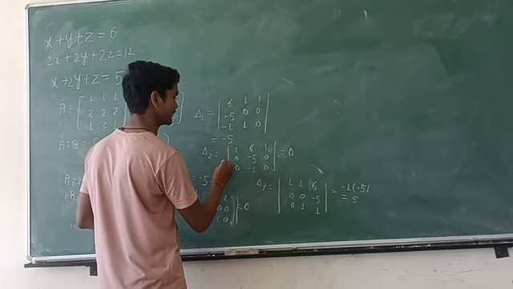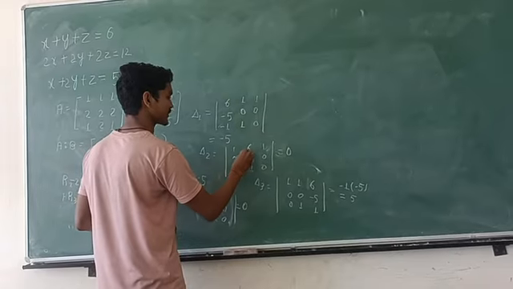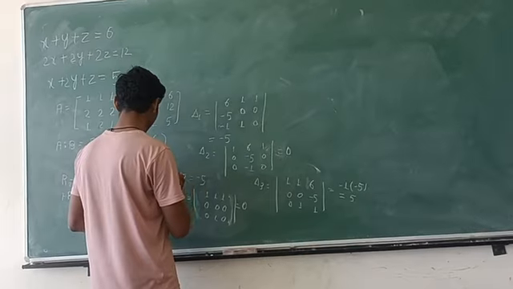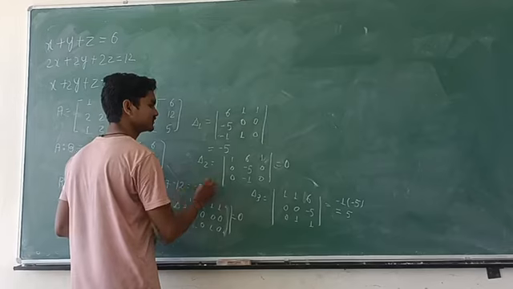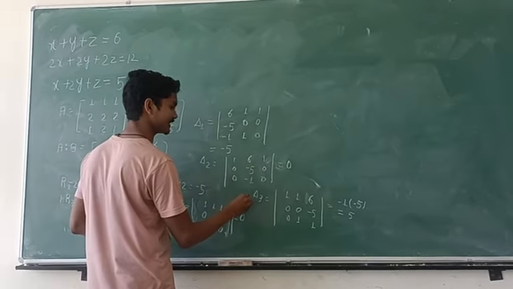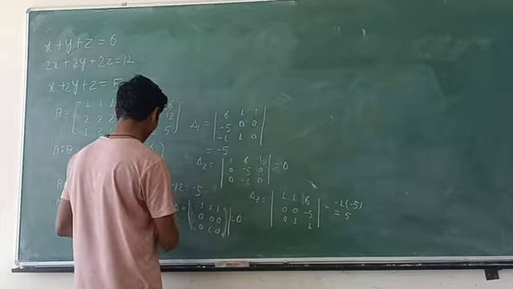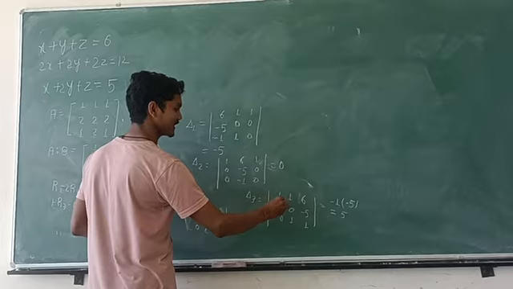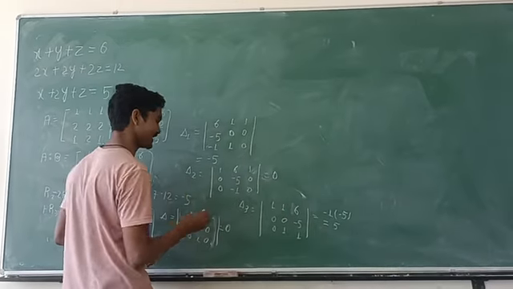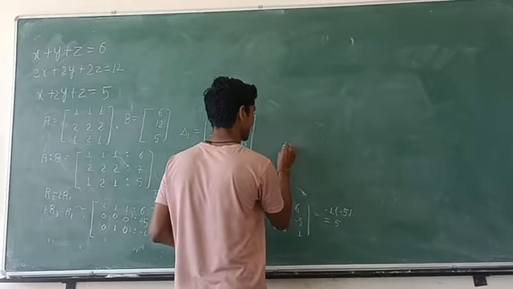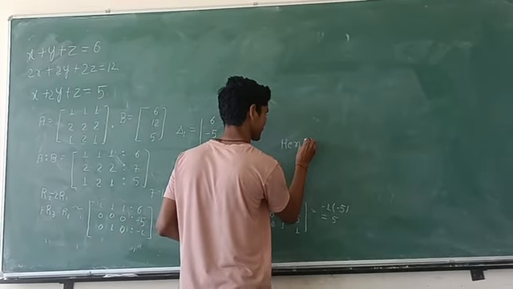Delta 2, replacing the second column, is equal to 0. Delta 3, replacing the third column, is equal to 5. Hence no solutions.